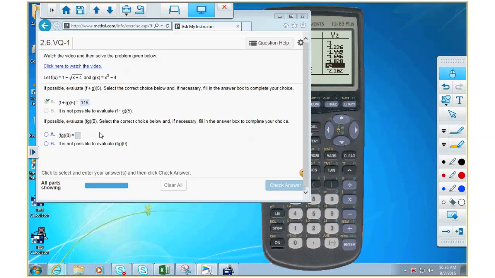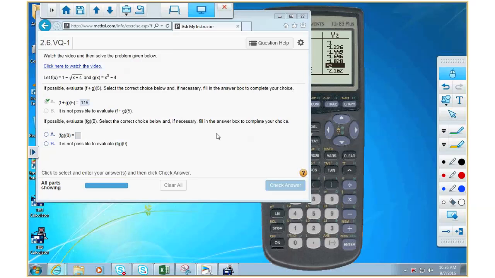Okay, if possible, evaluate f times g of 0. So you do that. Do it algebraically. And then we'll do it on the graph. I was wanting to multiply the equations together. Yeah, you could and plug in 0. But then it got nasty and I was like, this can't be right. The reason you wouldn't multiply them is because you have x plus 4 to the 1/2 power, and that sucks.